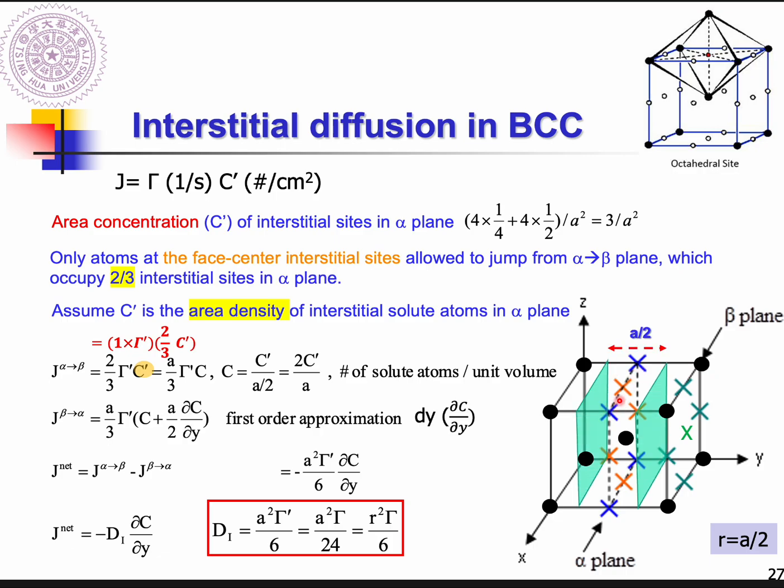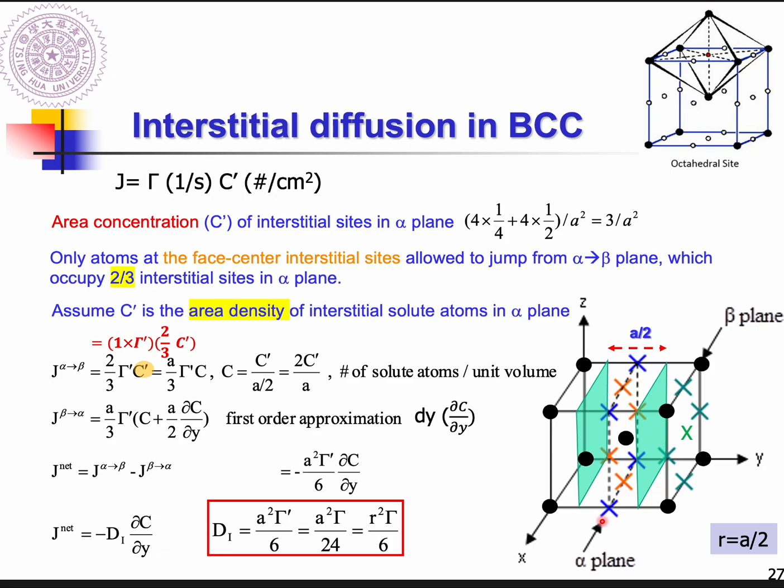So let's divide to get a volume for this interstitial site. I will choose this distance h/2 to allow this interstitial area density to become a volume density of this interstitial site.